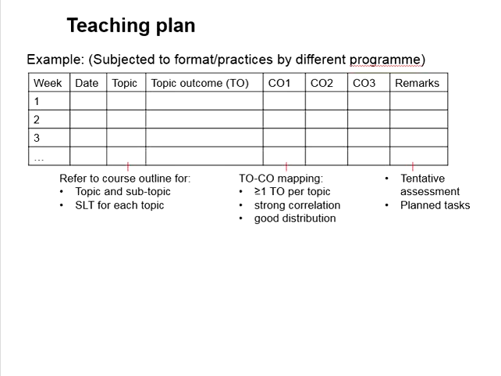Now how do you identify that? We have to start with the topic outcome. Make sure it is well distributed among the 3 COs. The weightage carried by each CO, as met by the topic outcome, shall be more or less similar to the weightage of the marks when it comes to the assessment.